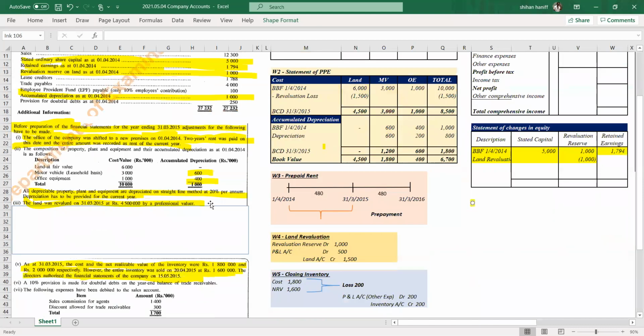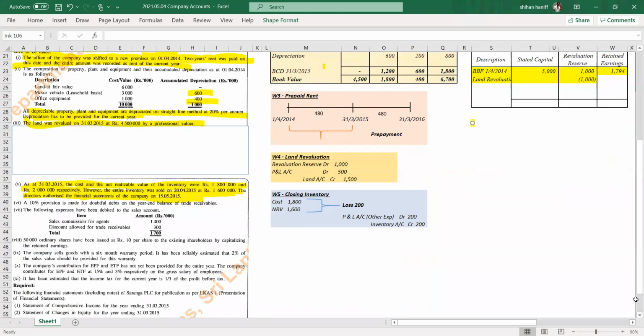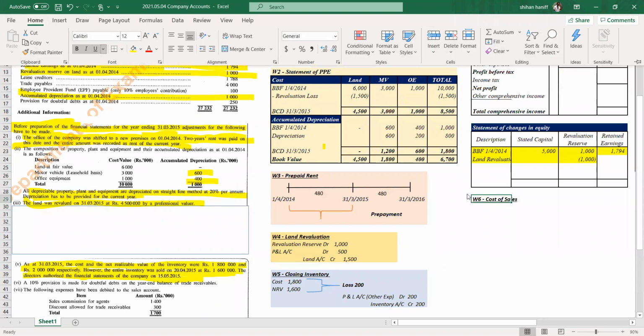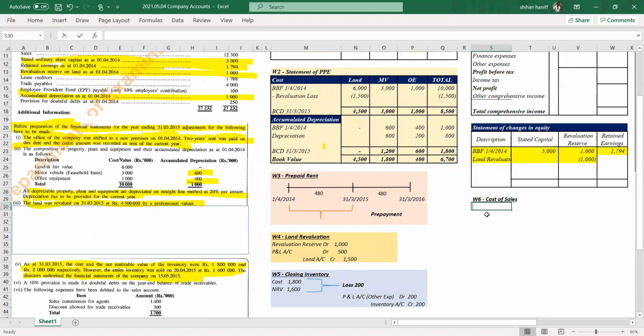We have to calculate the cost of sales. If the NRV is greater than the cost, you have to take the cost. So no need to worry about NRV. You can directly take the cost. So working number 6, I'm calculating cost of sales. Cost of sales is not given, so we need to calculate. How to calculate?